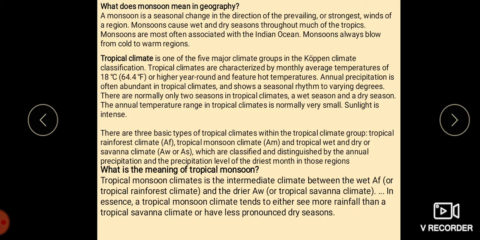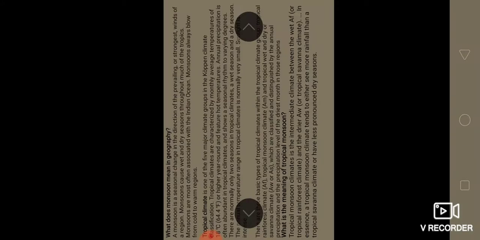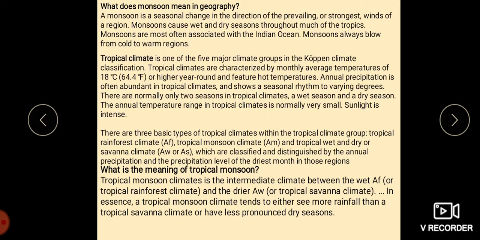Tropical rainforest climate, we call it Af. Tropical monsoon climate, we call it Am. And tropical wet and dry or the savanna climate, we call it Aw or As, which are classified and distinguished by the annual precipitation level of the driest month of those regions.